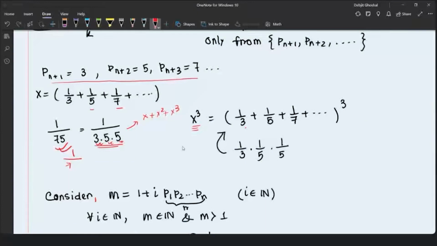It is 1 by 3 plus 1 by 5 plus 1 by 7 and so on, whole cube. So it is 1 by 3 plus 1 by 5 plus 1 by 7, multiplied with 1 by 3 plus 1 by 5 plus 1 by 7, and again multiplied with the same.